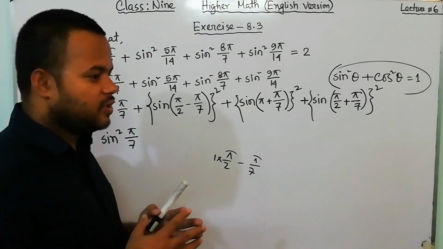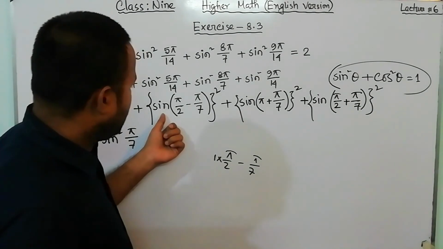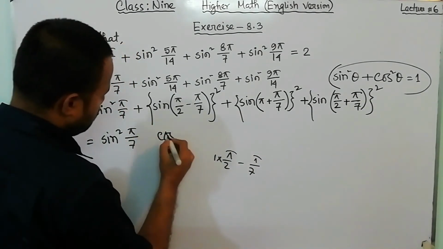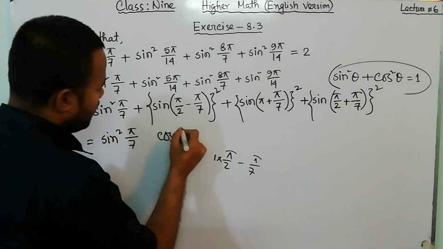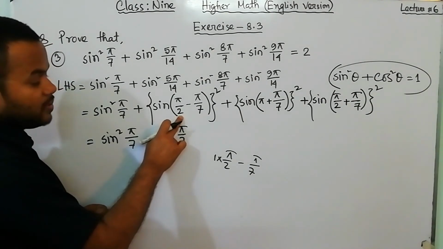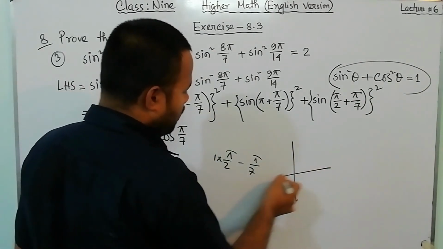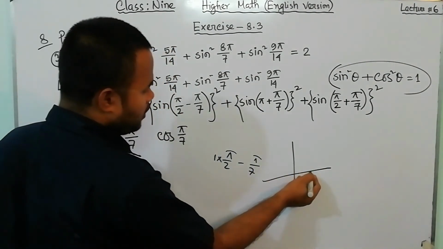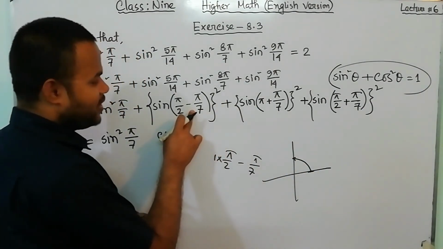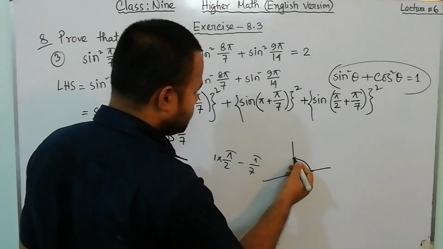Okay, that means here we have cos, and we have to put pi by 7 here. And the quadrant for this angle: we have to start from here, 90, and this one is a negative angle, so we have to rotate clockwise.